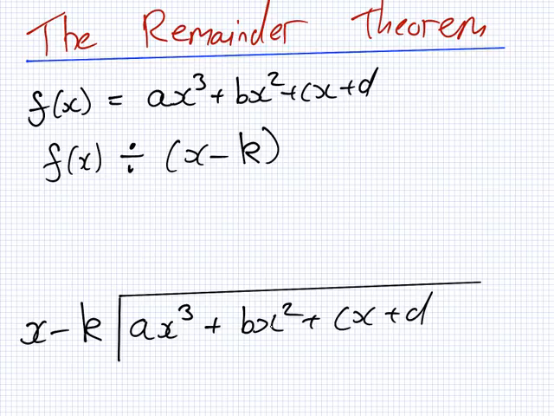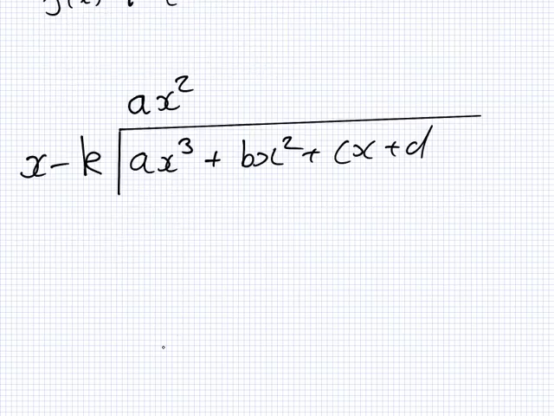So the very first one is not so difficult. What do I need here? It's going to be ax squared. And that's okay, so that's the first one. So that will make ax cubed minus akx squared.